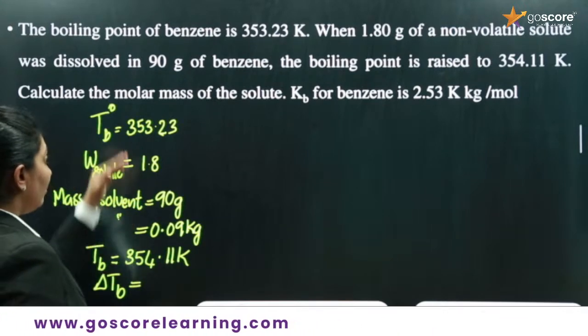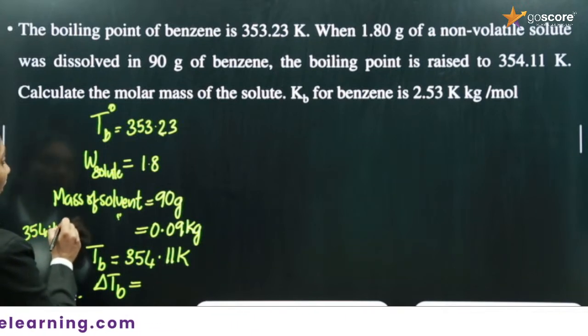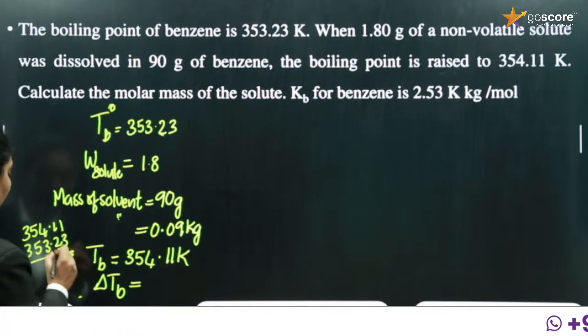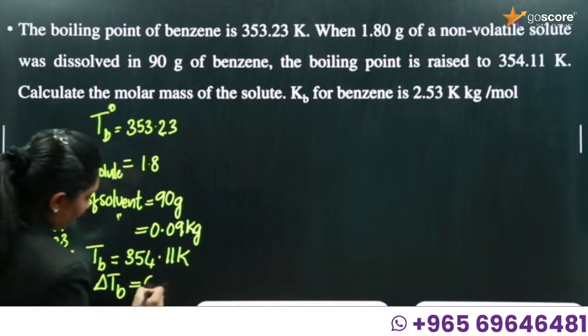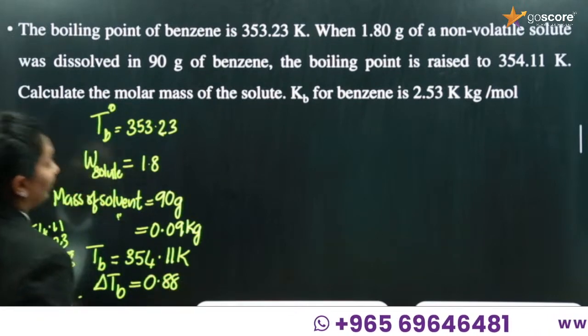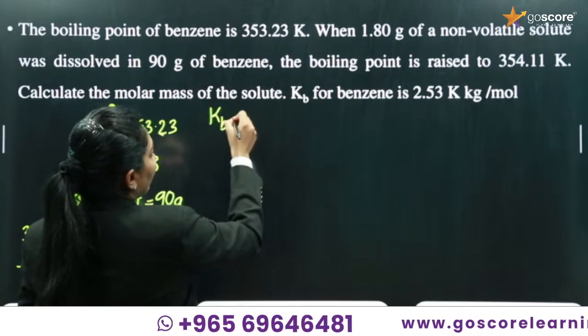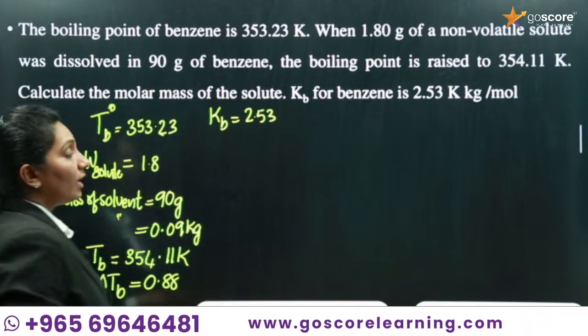Then what will be the delta TB value? Delta TB is TB minus T0B. It's nothing but 354.11 minus 353.23. You will get the value 0.88 for delta TB. And the Kb value is also provided: Kb is equal to 2.53 Kelvin kilogram per mole.